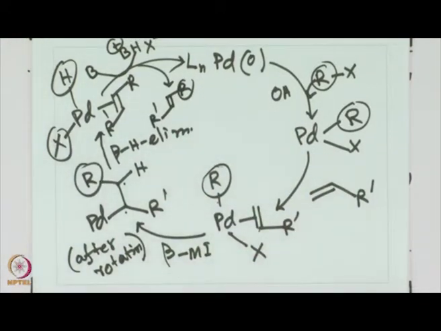So, it is a simple catalytic cycle that you have seen, where palladium 0 oxidatively adds to the aryl halide or alkenyl halide. Subsequently we see the olefin interacting with the palladium intermediate, and the R group coming from the aryl halide or alkenyl halide inserts into the olefin at the beta position with respect to the palladium center.